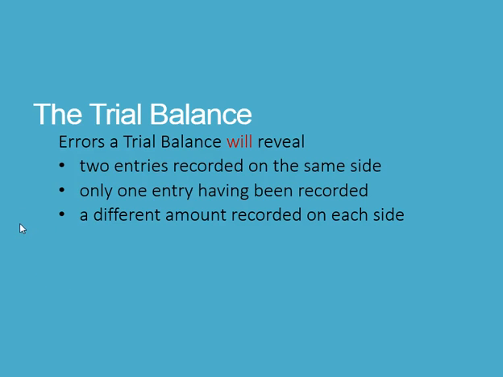The good thing about the trial balance is it will reveal errors if two entries are recorded on the same side, so it'll be out of balance, obviously, by that amount. Or if only one entry has been recorded. So once again, you've just got to find it. I love these sorts of errors because they're pretty obvious. Particularly this one, if only one entry has been recorded.